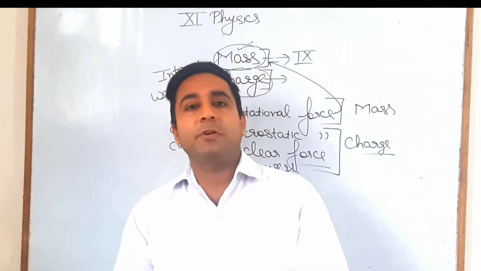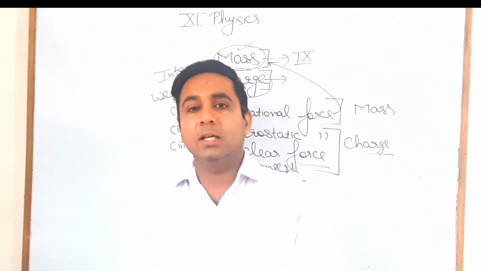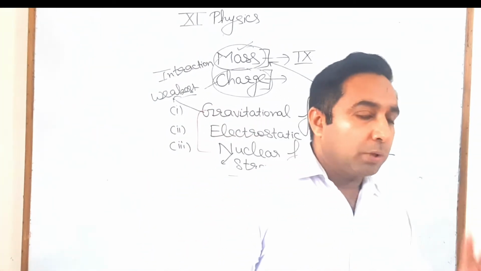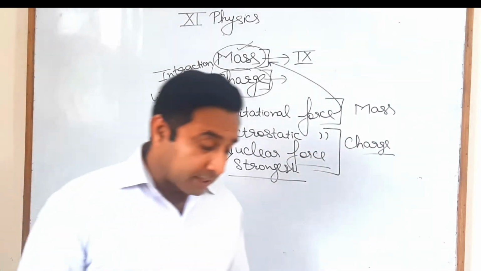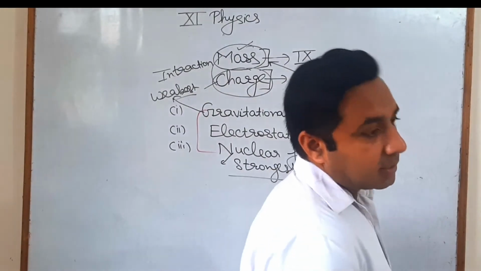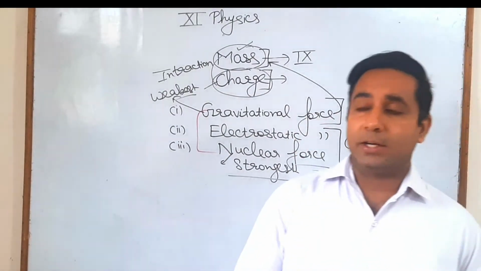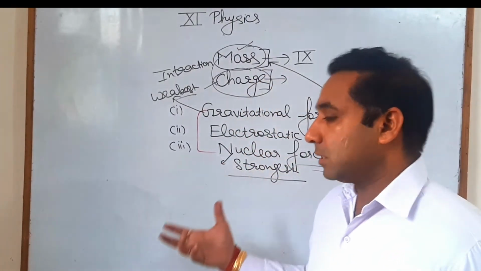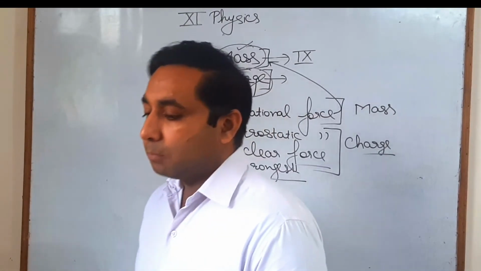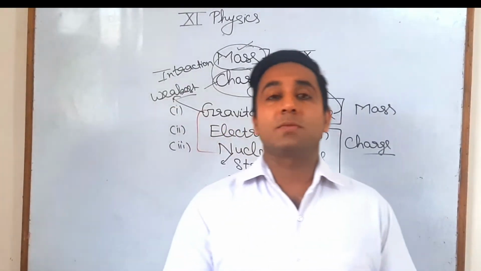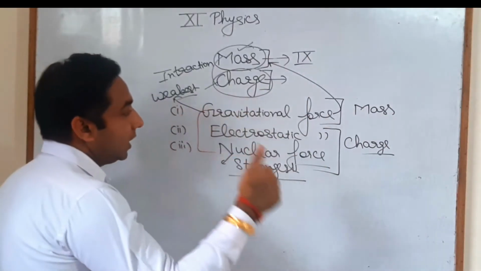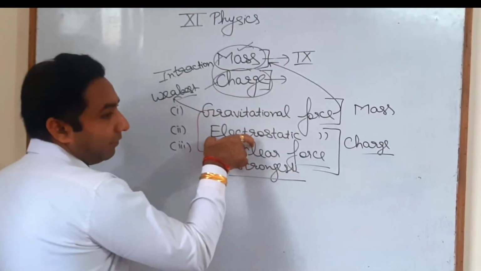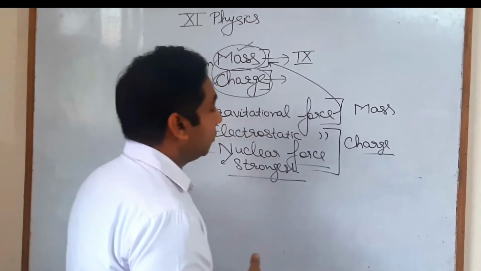Once again, we will differentiate this gravitational force and the nuclear force. So today's first term is the interaction of the bodies. The bodies interact due to two properties: one is the mass and the second is the charge. In terms of masses, the bodies interact with the gravitational force, and in terms of charges, the force is electrostatic or nuclear.